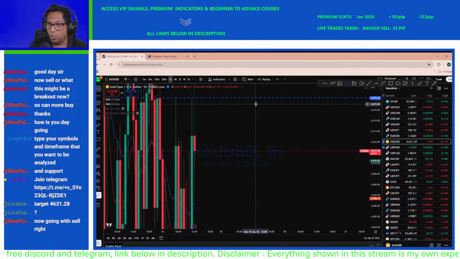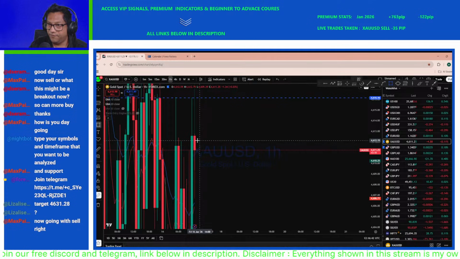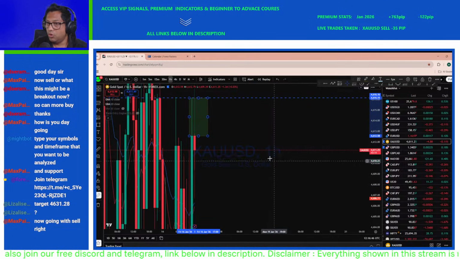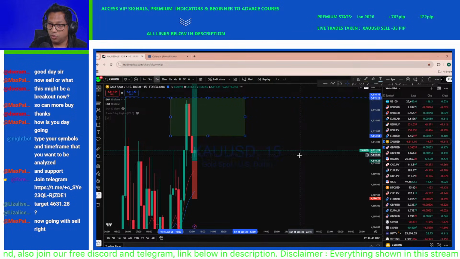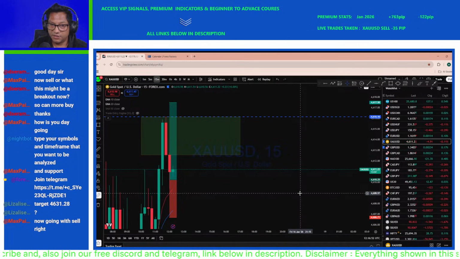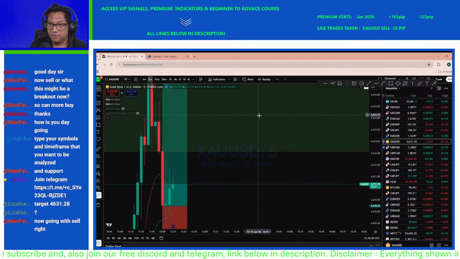If you look at the 1 hour, it left a big long wick here. That long wick could eventually get filled if the market successfully bounces back to the upside.